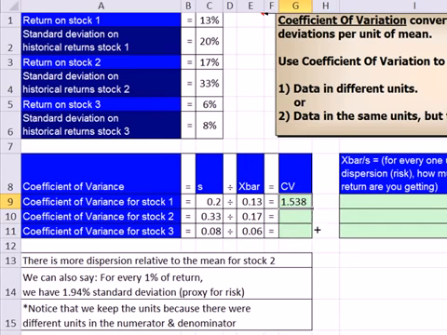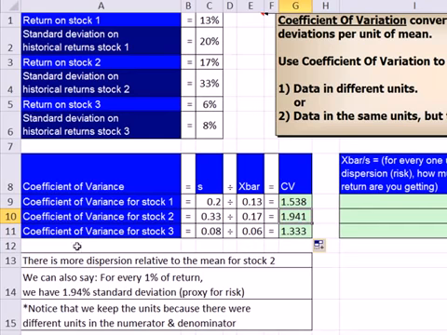So I'm going to copy this formula down. And so it is a way to compare our variation when we have different means. Here, 1.5, 1.9, 1.3. So clearly, the coefficient of variation, which tells us the relative variation or standard deviation, is highest for stock number 2.